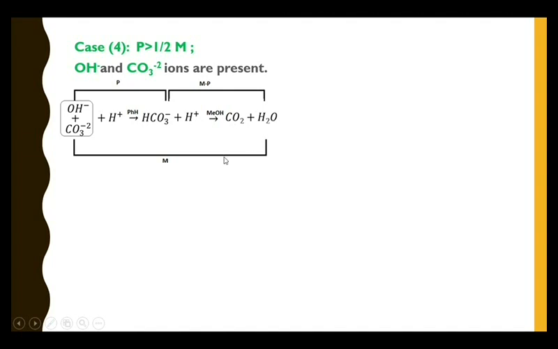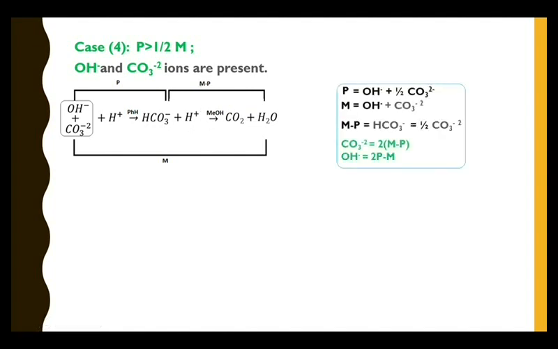So this is noted as M, up to the methyl orange endpoint. This is P and this is M. So this remaining part you can write as M minus P. So P is equal to complete neutralization of OH minus and half of the carbonate.